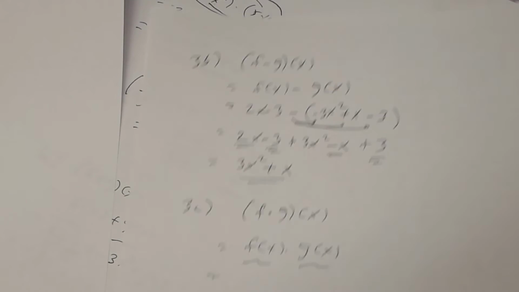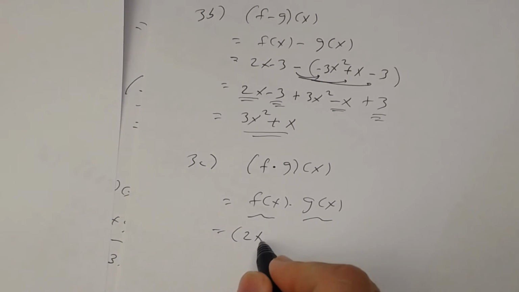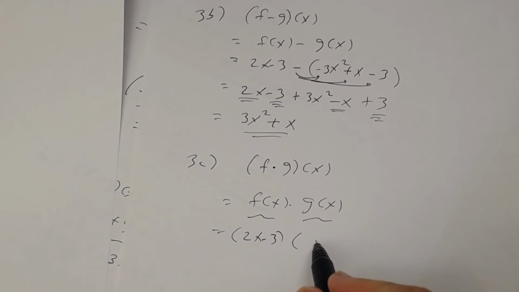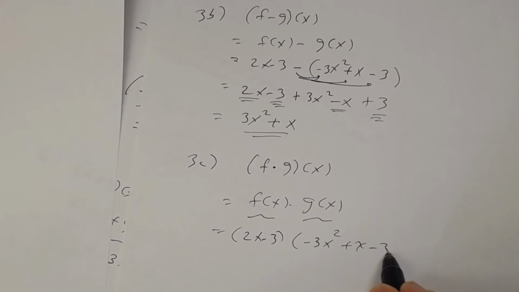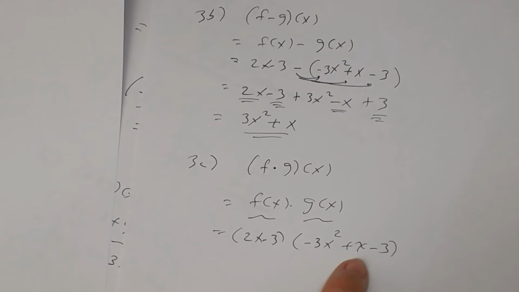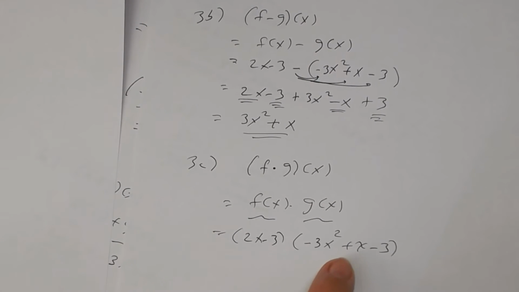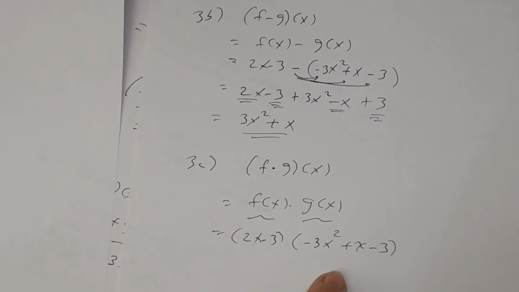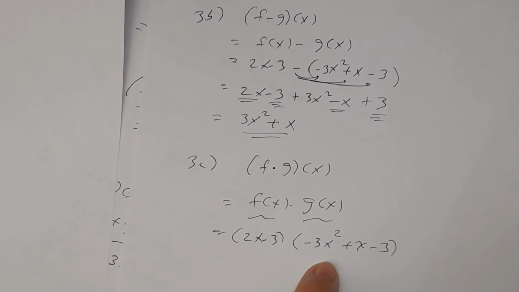F of x in parentheses will be 2x minus 3. G of x is this trinomial, negative 3x squared plus x minus 3. Now you're multiplying these two polynomials. Now you cannot use the FOIL method. Remember, the FOIL method only applies if you have a binomial times a binomial. That's not a binomial, that's a trinomial. So you have to use the distributive property.